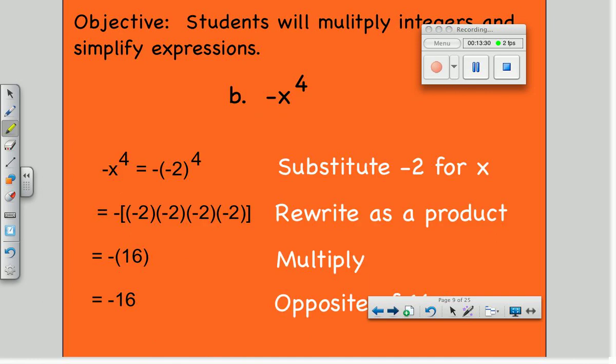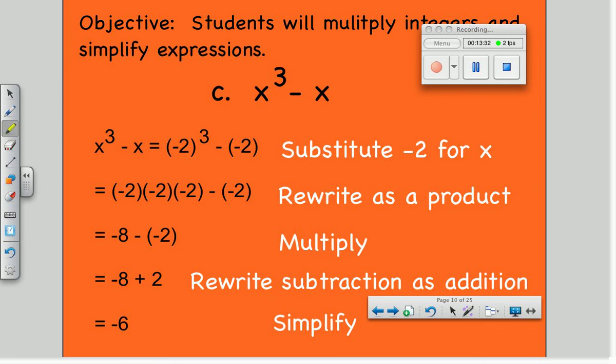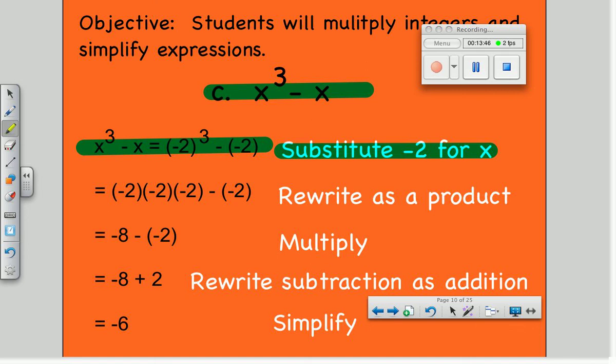Don't worry about this one. There we go. This is where I want it. X to the power of 3 minus x. Let's substitute x first for negative 2. So we make this negative 2 to the power of 3 minus negative 2. Negative 2 to the power of 3 means negative 2 times negative 2 times negative 2.